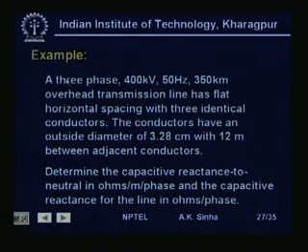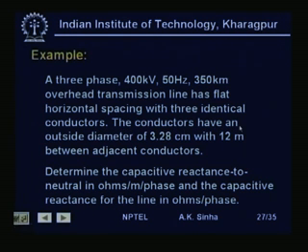Calculate these quantities for a transmission system. So, in this example, we have a 3-phase 400 kV 50 hertz 350 kilometer overhead transmission line that has a flat horizontal spacing with 3 identical conductors. That is, we have 3 identical conductors placed in a flat horizontal spacing.